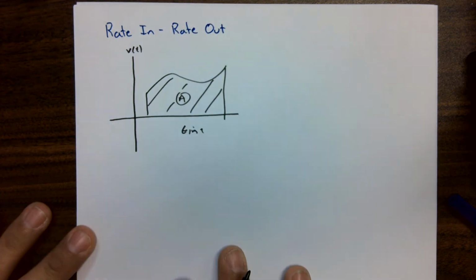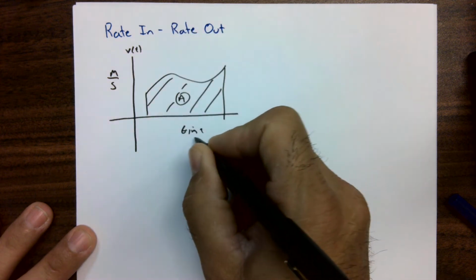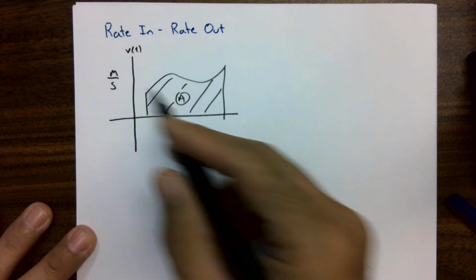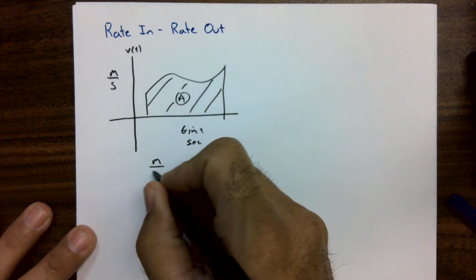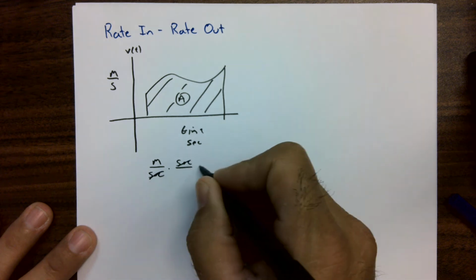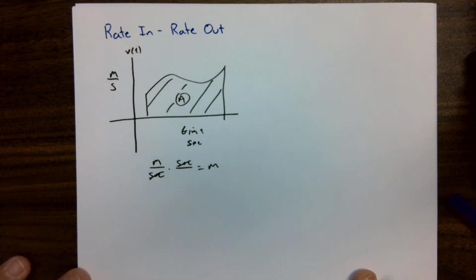And the thing I want to concentrate on here is, if this was meters per second and this time was in seconds, and we multiplied the units together, you have meters per second times seconds, and the seconds will cancel out, and you're just left with meters, which is going to be the distance that you traveled, which kind of makes sense.